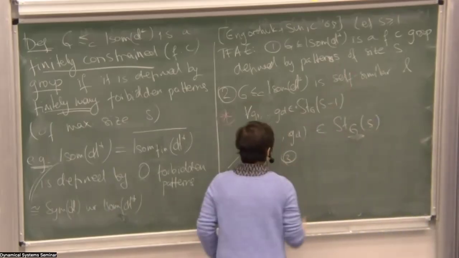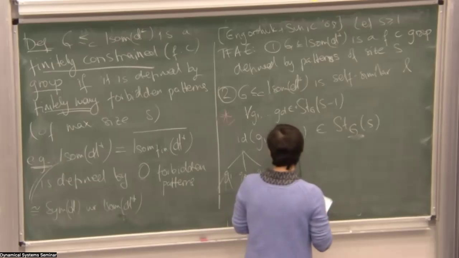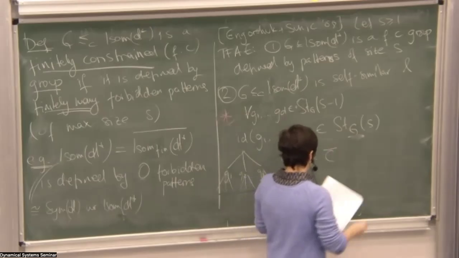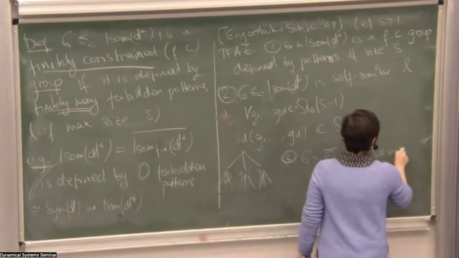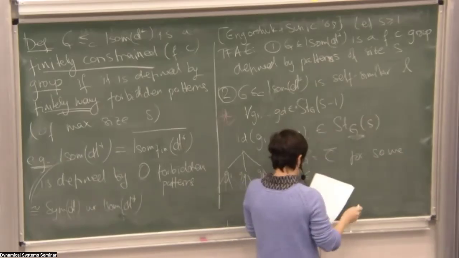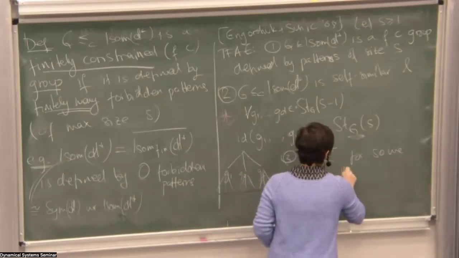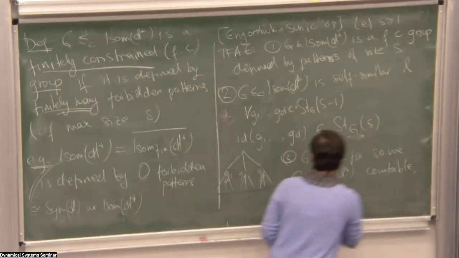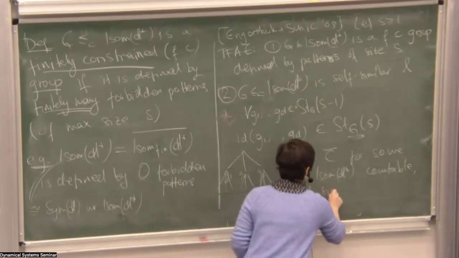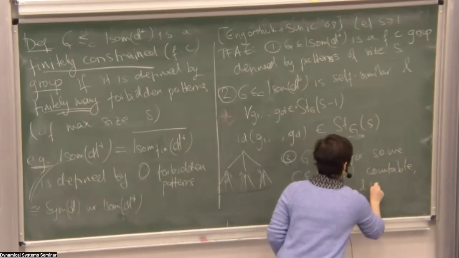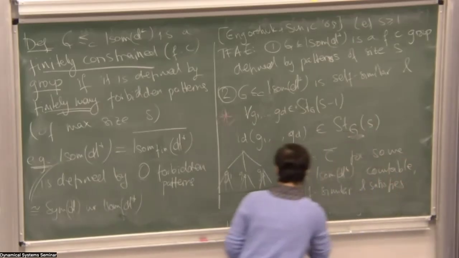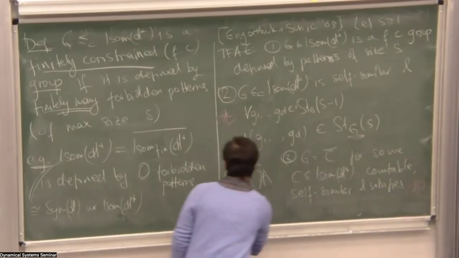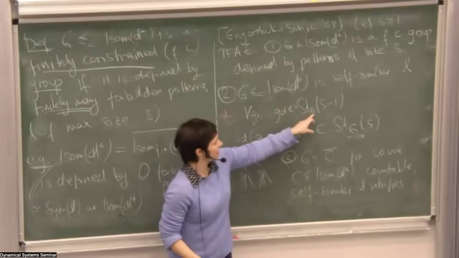And then 3, lastly, is that G is the closure of C for some C, a subgroup of Isom D star, which is countable, self-similar, and satisfies condition star. But obviously for C and not G.